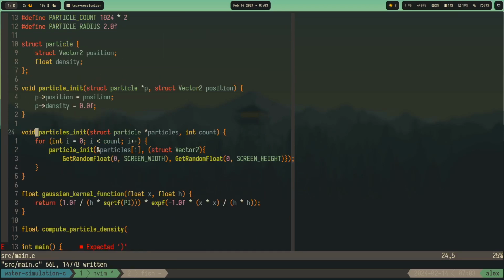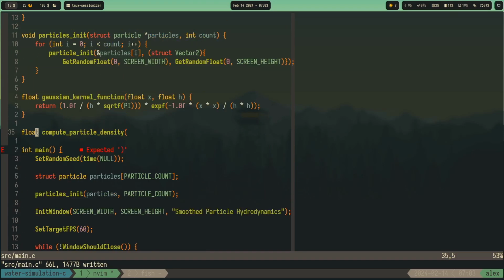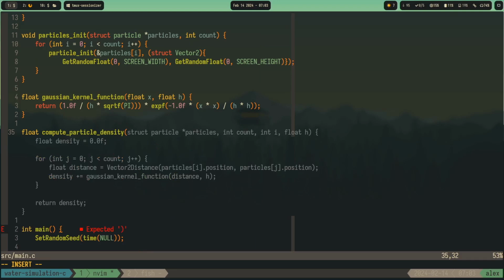Okay, so let's continue now. So here we might want the particles.